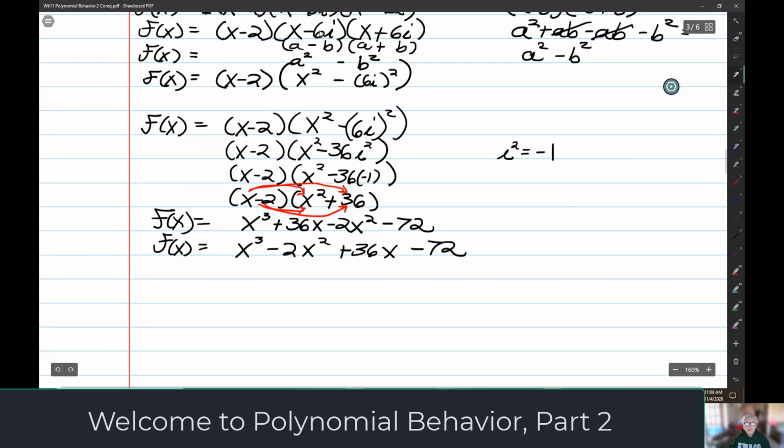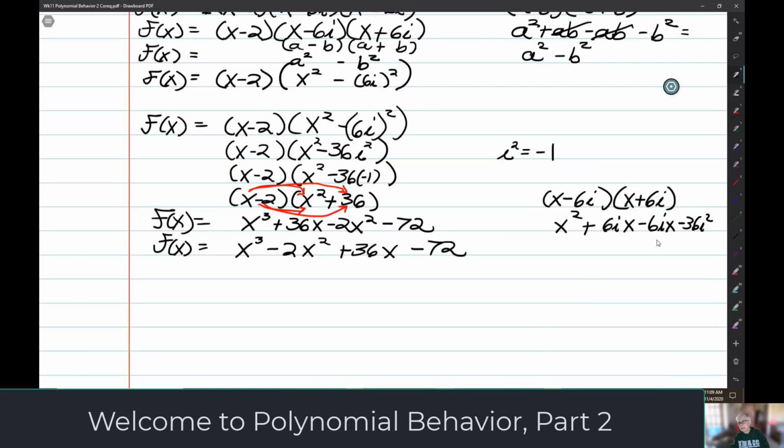Now I know this part up here seemed really fast to you, so let me show you that you will get the same answer if you do this the long way. X minus 6i times x plus 6i. You can always do it like this. X squared plus 6i times x minus 6i times x minus 36i squared.